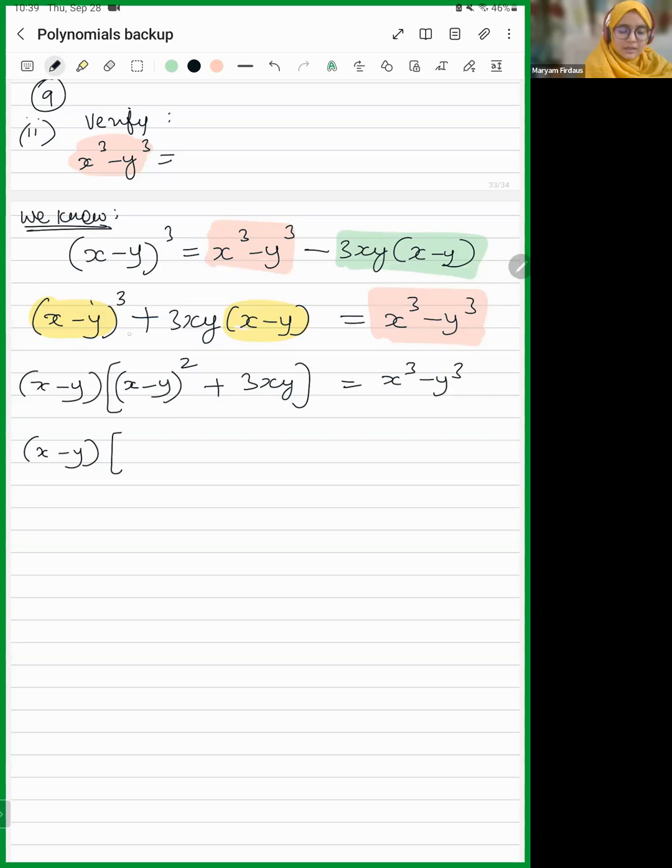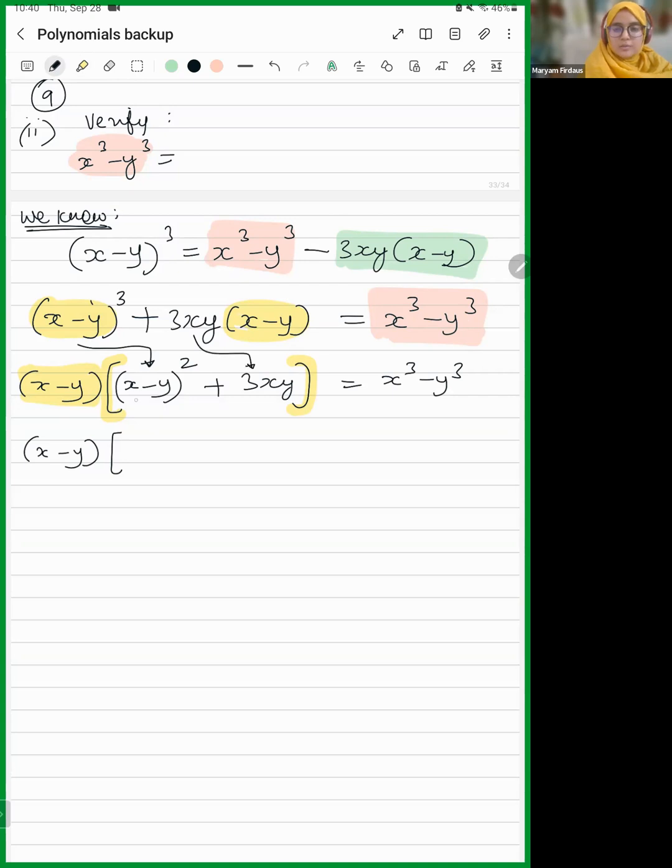But we have taken x minus y as common. So x minus y has come out from both of these terms, and this is the bracket. Meaning we have taken x minus y as common from the first term, which was this one, and the second term, which was this one.